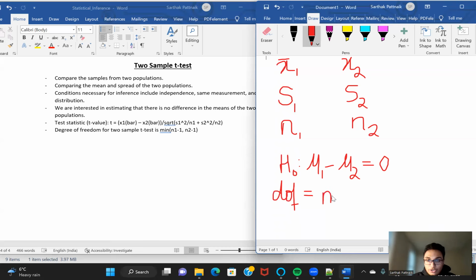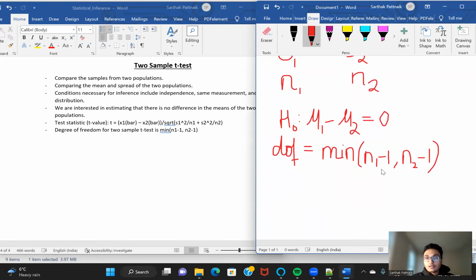Here the degree of freedom is going to be the minimum of n1 minus 1 comma n2 minus 1. n1 is the number of observations in the first sample, n2 is the number of observations in the second sample. In the one-sample t-test, the degree of freedom would have been n minus 1. Here, we take n1 minus 1 and n2 minus 1, and the minimum of that will be considered as the final degree of freedom.